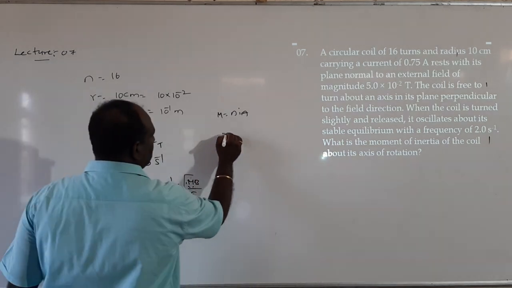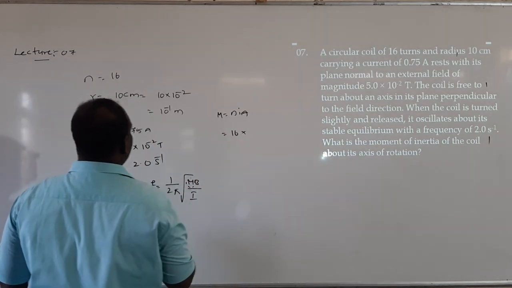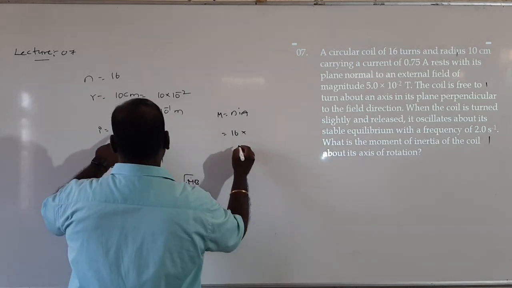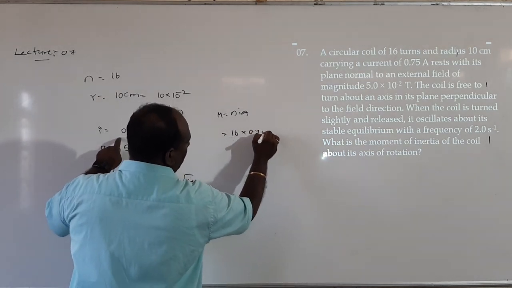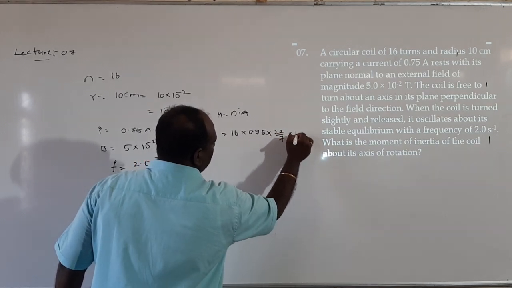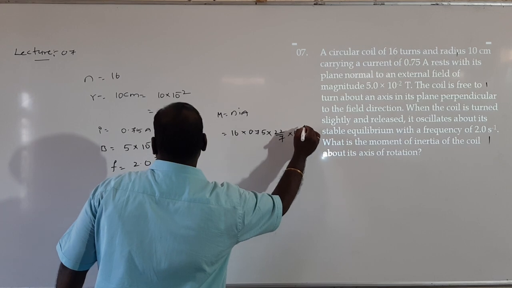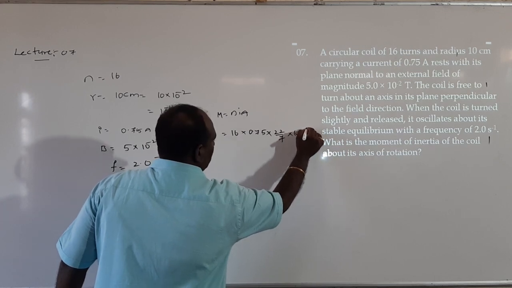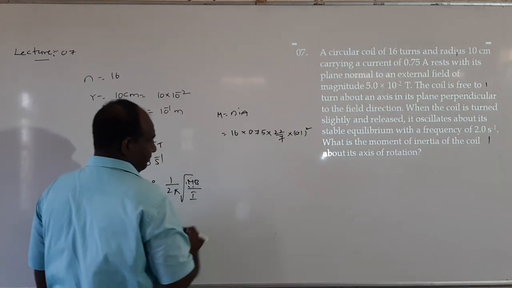Then we will get N equal to 16 into I value 0.75, area value pi r square, where pi is 22 by 7 and r value 10 centimeter, that means 0.1, whole square. This is the area.